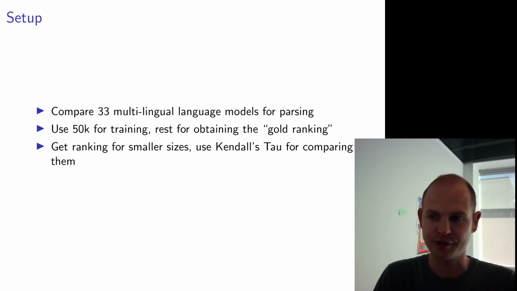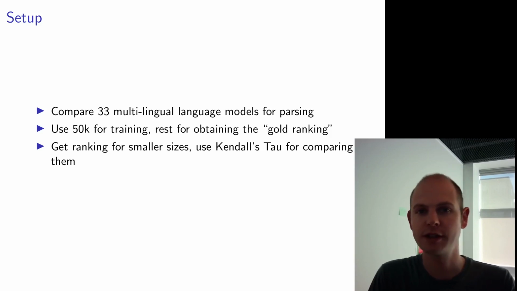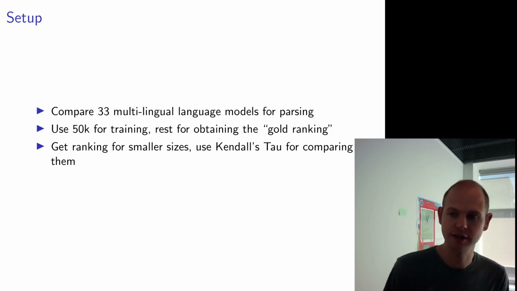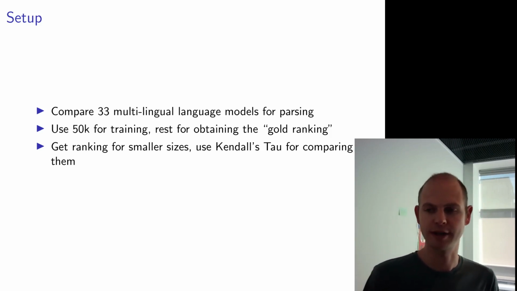So our setup is as follows. We will compare 33 multilingual language models for dependency parsing. So we're using a deep biaffine parser with a multilingual language model as an encoder. We will use 50,000 words for training, and we use the rest of the datasets for obtaining a gold ranking. Then we will make this evaluation set smaller and try different sampling strategies.